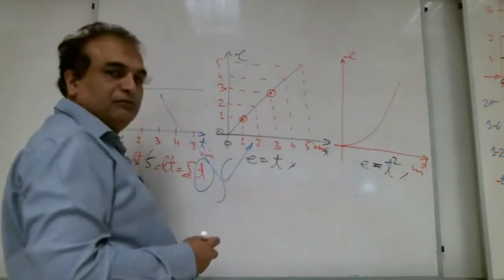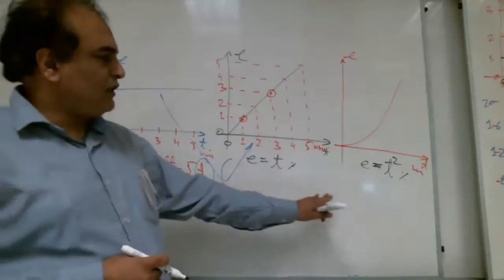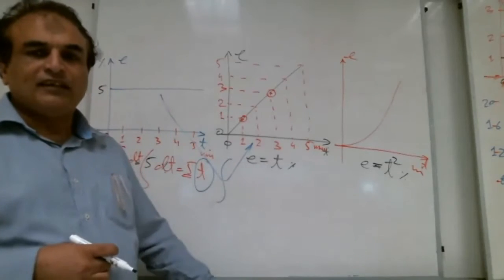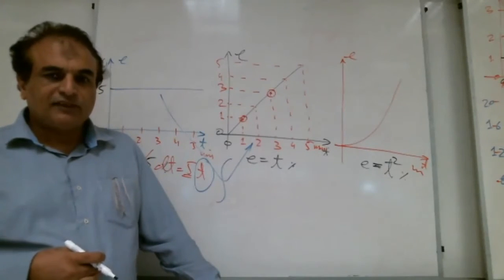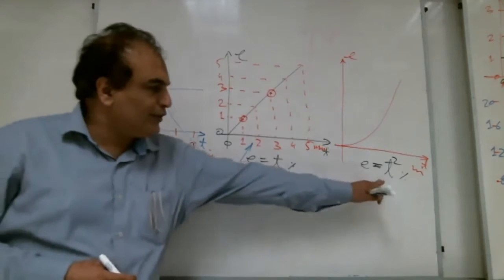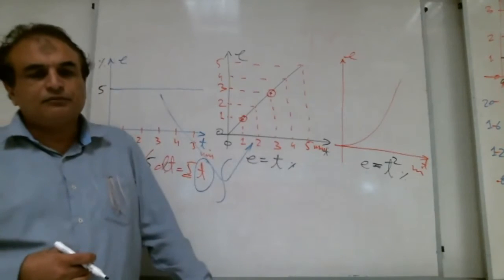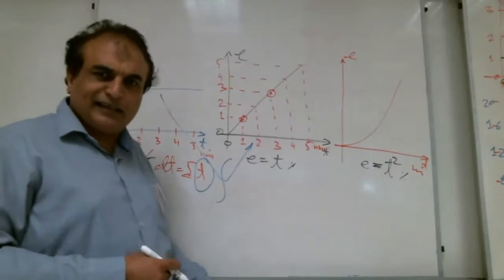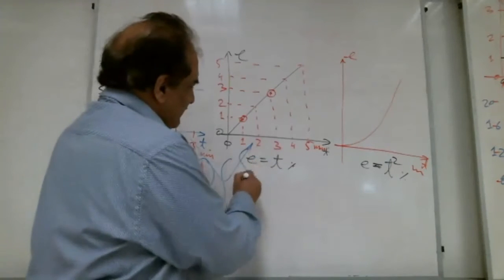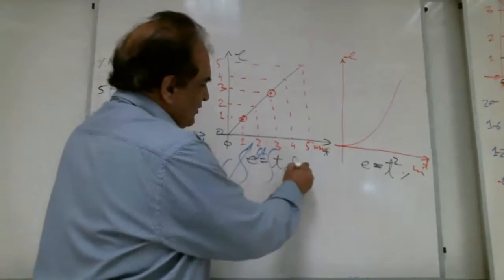What do we need to do? This is t. We want to bring t square. From t to t square, what do we need to do? Again, a lot of brothers are writing integral again. So we integrate it again. What is the integration of t?